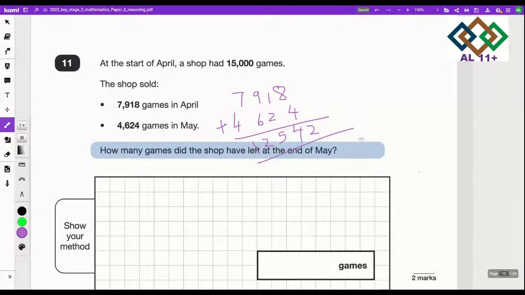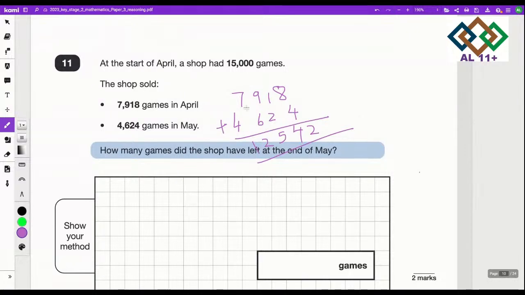12542. But what they are asking you now is how many are left. So what do you think you're going to do? This is something you must have all done lots of times. When they ask you how much is left, you just have to minus it. So now try minusing 12542 from 15,000 games.